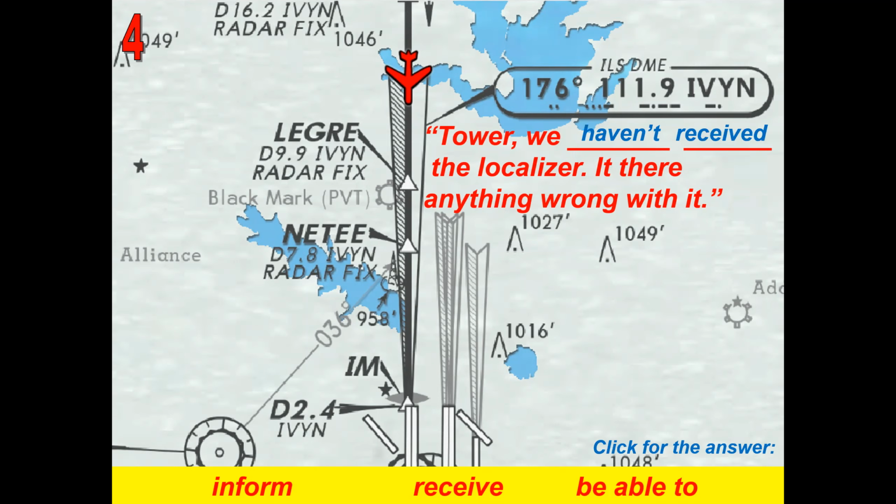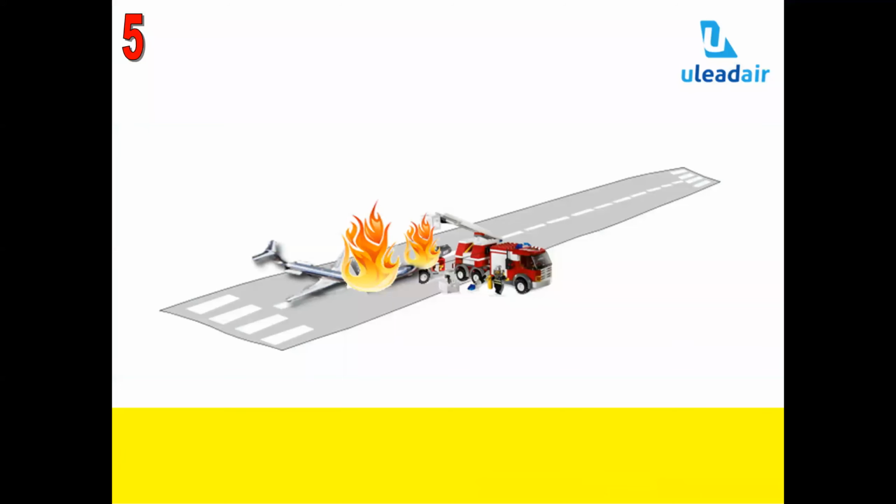Probably more properly, you would say we aren't receiving the localizer. Yeah, we're not receiving. In that case, the past tense, we haven't received the localizer, but we're trying something else maybe, or now we're wondering if there's a problem with it. But just say, we aren't receiving it. Is there a problem with it? That would be more to the point. Okay.